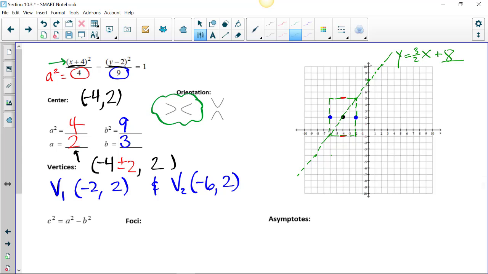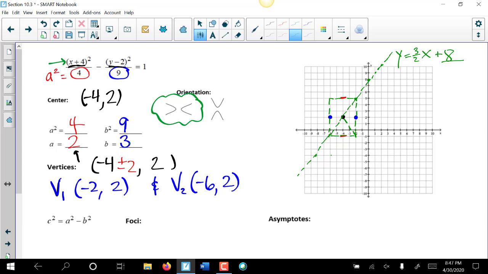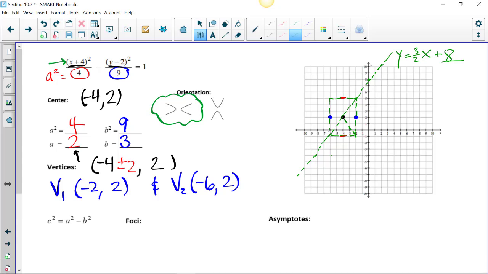All right, and then we go and draw our other asymptote. So it has a slope of -3/2. So down 3, right 2. Once again, I got lucky. I hit the y-axis here.